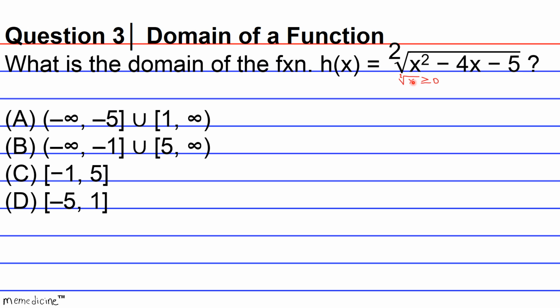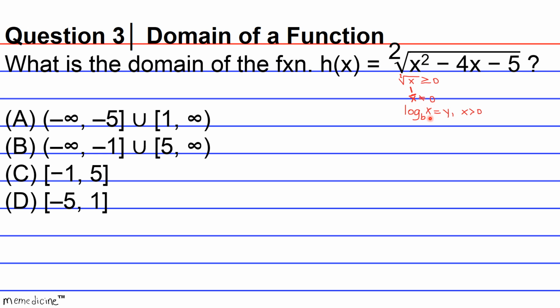The second criterion is that if you do have a denominator, if you're dealing with a fraction, then the denominator must not be equal to 0 because division by 0 is undefined. And the third criterion, or criterion C if you prefer an alphanumeric system, is that the arguments of logs, okay?